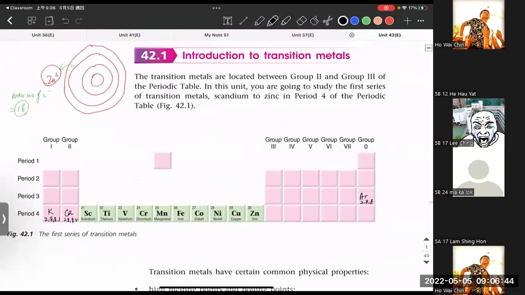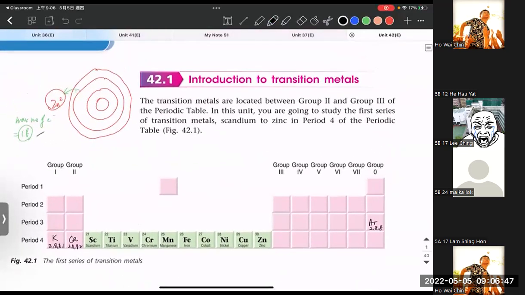So it seems that those 18 electrons are now further separated into 2. We have 8 electrons in one, and the other 10 electrons in the other, which we will call the concept of subshells. Subshells. Of course, the 8 electrons are further split into 2 and 6.